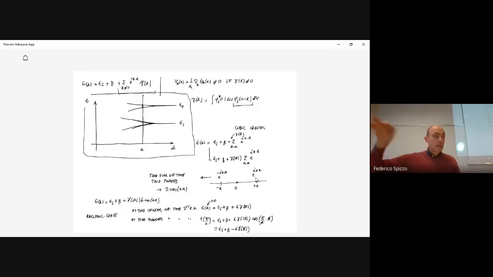So if gamma is 0, because the distance is so high that the overlap is 0, then you have no difference. When you decrease the distance between the ions, the overlap integral starts to be different from 0. So gamma is different from 0, and so the width of the band is also different from 0.